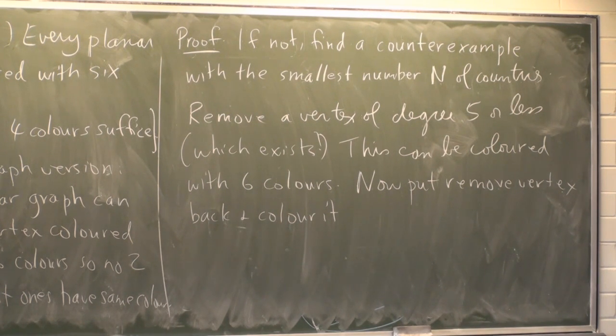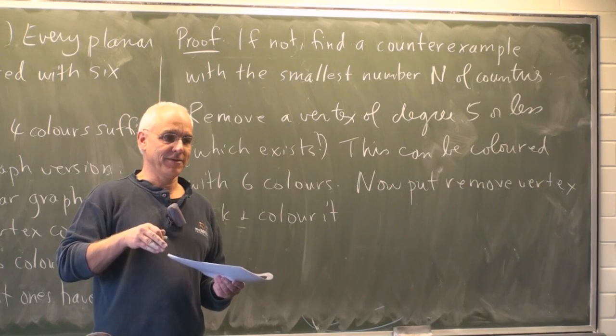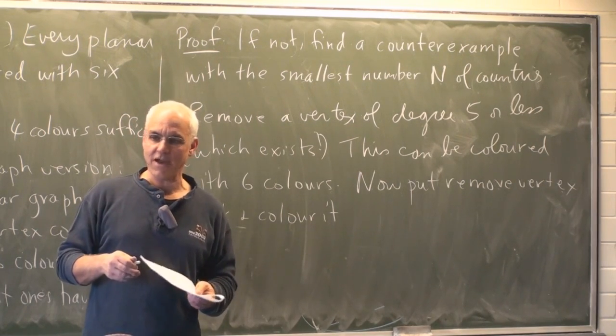So it's only connected with 5 other colors at most. And so for that extra vertex, we can use the other color which is not being used to color it. And then it will be different from all its neighbors. And then we'll have colored the graph that you claimed was your minimal graph that couldn't be colored.